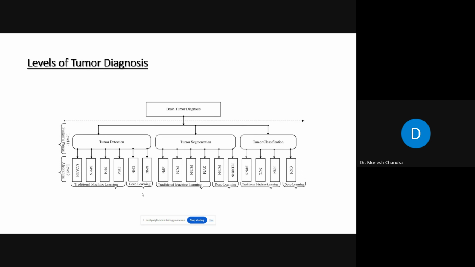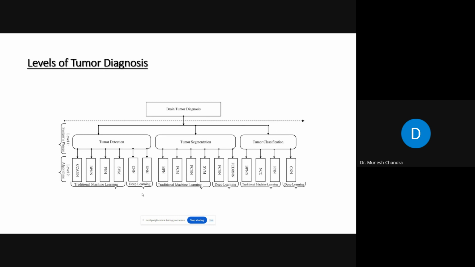For tumor detection, if the data size is small, we can use traditional machine learning algorithms, for example SVM, PNN, BPNN, and CCANN. These are the traditional machine learning algorithms used for tumor detection. But if the size of data is large, we can go for CNN and DNN, meaning deep learning techniques.